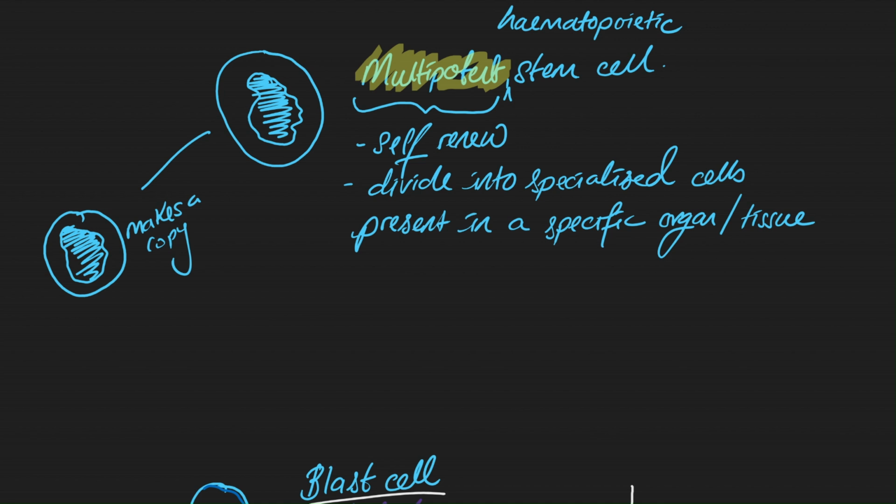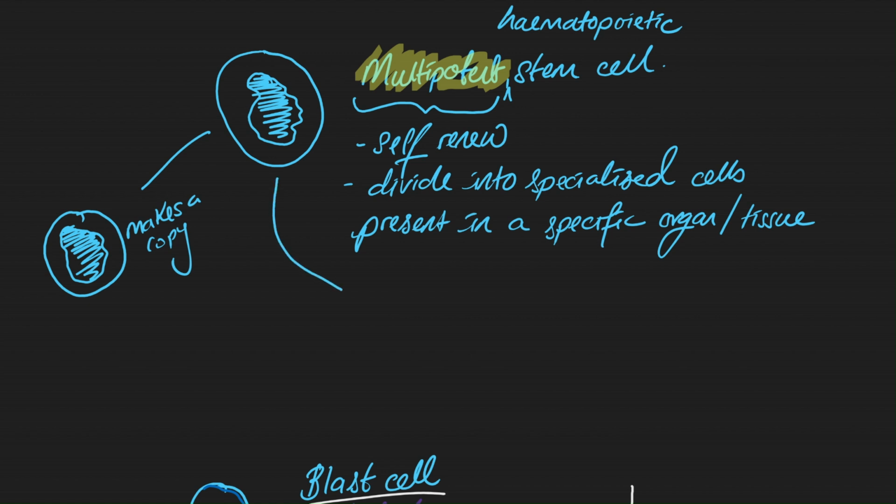The stem cell divides into two very similar looking cells, one of which is an identical copy of the stem cell, and this then goes for a nap. Who doesn't like a good nap? It goes to sleep and is available if there are any issues with the bone marrow, at which point it is reactivated and forms other cells.